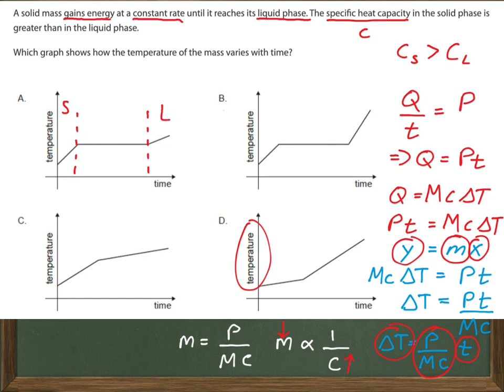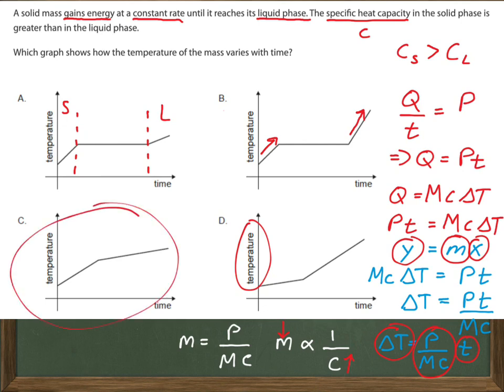So I'm looking for one where the gradient is lower in the solid phase than in the liquid phase, meaning the specific heat capacity is greater in the solid phase than the liquid phase. And if I look, I can see that that is true for B. So here, the gradient is steeper in the liquid phase, not a lot, but it's the only one where the gradient is steeper in the liquid phase than the solid phase.